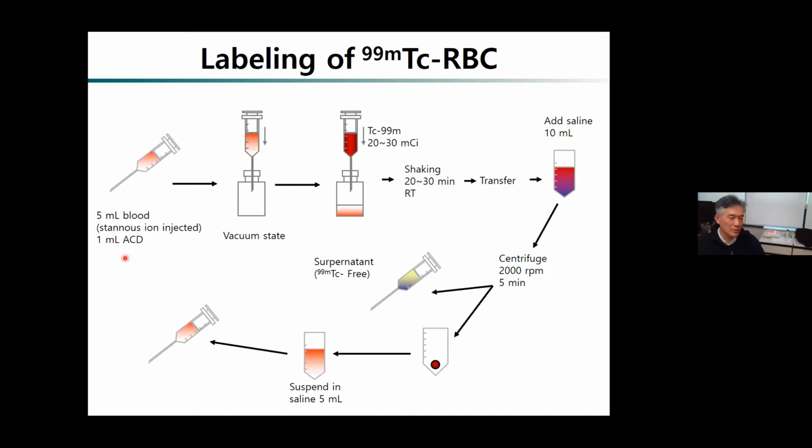You withdraw the blood from the specific patient, and then we label with technetium HMPAO, centrifuge, and the supernatant is removed, and then the lower pellet is resuspended and injected into the patient, and then you can see the blood vessels with the administration of technetium 99 RBC.